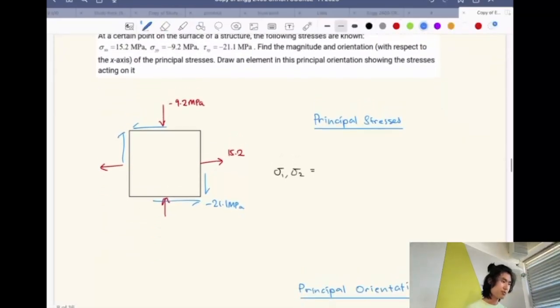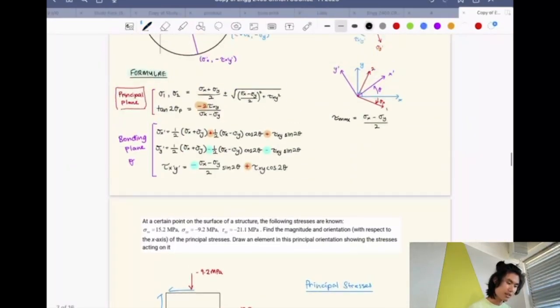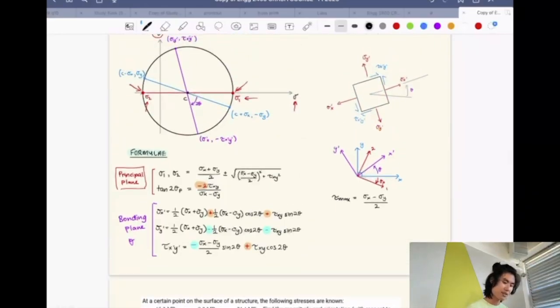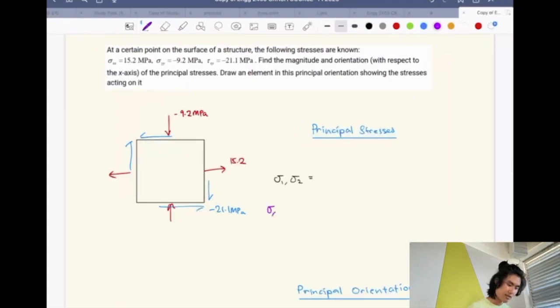Now, for your principal stresses, if you remember the Mohr circle part, you can find the center. And a good thing to note as well is that sigma x plus sigma y over 2 is equal to sigma 1 plus sigma 2 over 2.